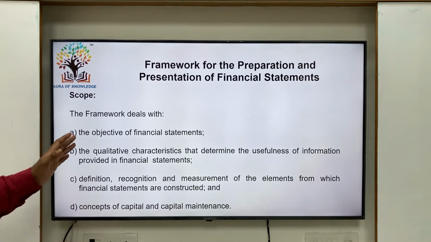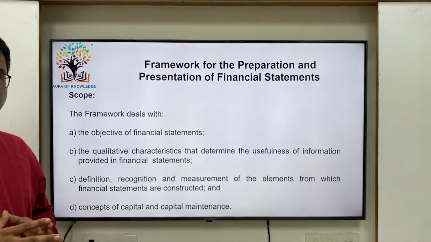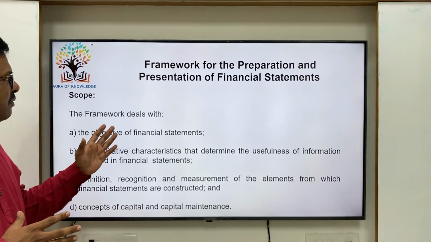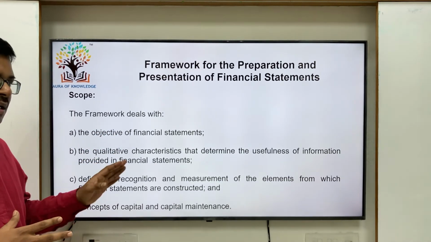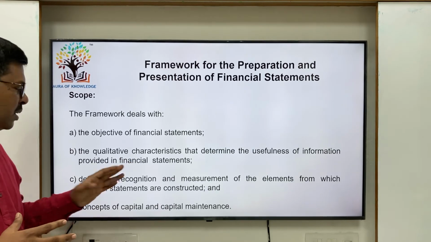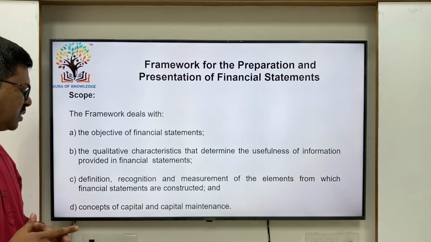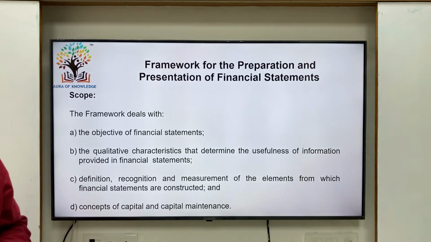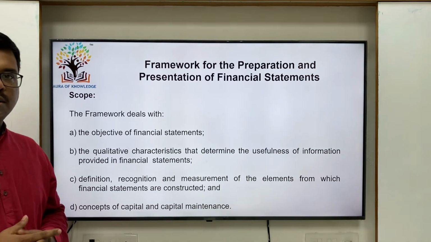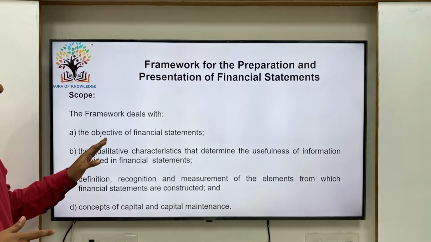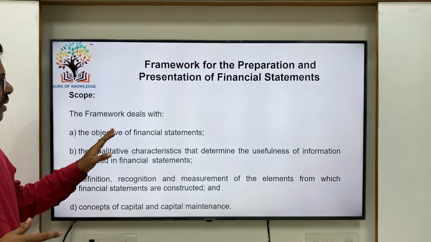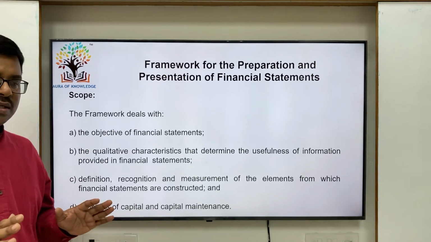All these aspects, how they have to be presented while preparing the financial statements, have been explained under this particular framework, and what the concepts of capital and capital maintenance are, and how capital expenditure and all has to be dealt with, has been covered under this particular framework.